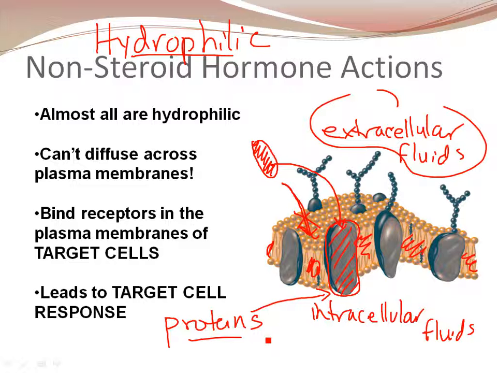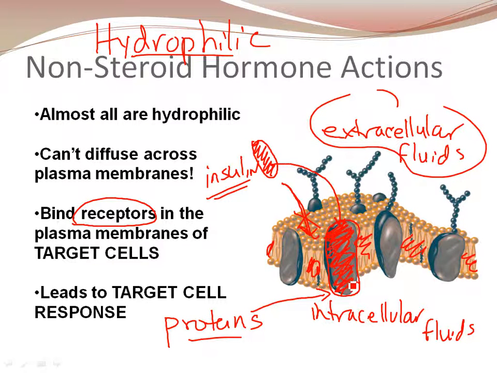So for a particular hormone, that cell will only bind the hormone if it has the particular receptors for it. For example, if this little red molecule here is insulin, insulin is only going to bind to the surfaces of cells that have insulin receptors in their membranes. Cells that don't have insulin receptors will not bind insulin, and insulin will have absolutely no effect, at least directly, on those types of cells.